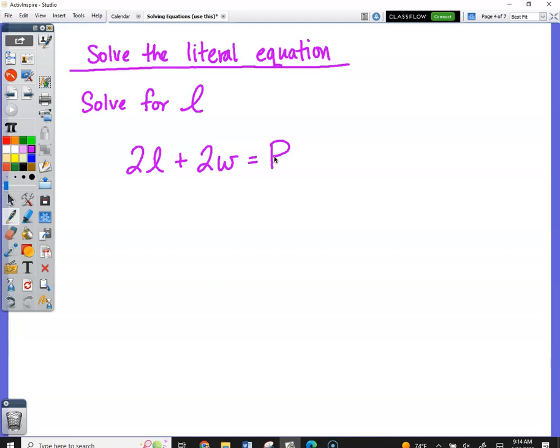Solving literal equations should be easy. Don't complicate it by trying to make it mathematical. It is not really mathematical. It is a cup game. It's a shuffling of cups. You got multiple cups up here, and you're going to shuffle them.